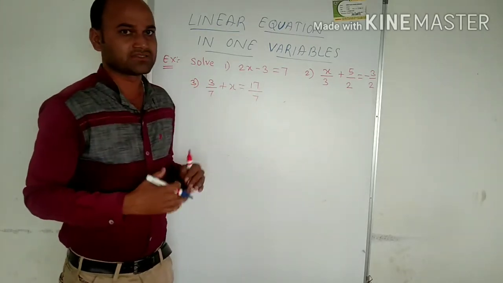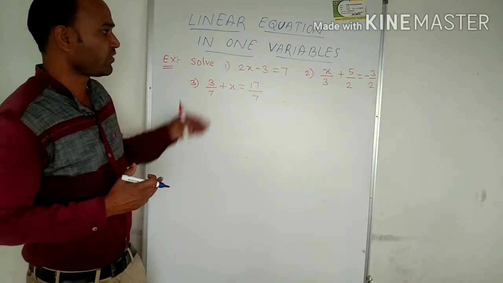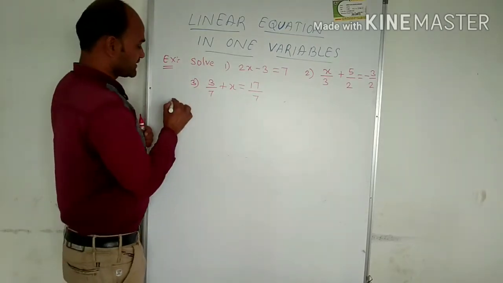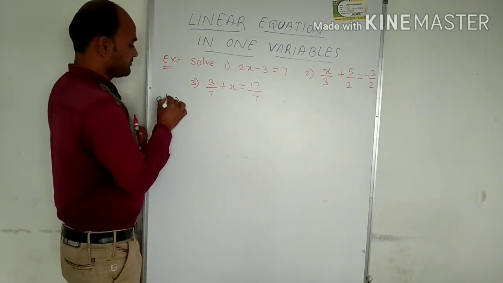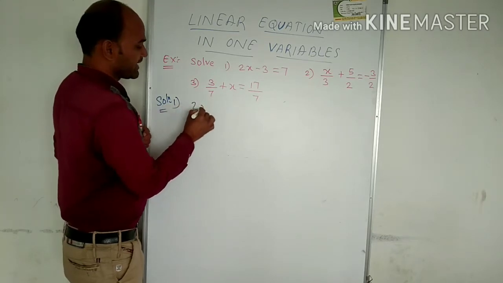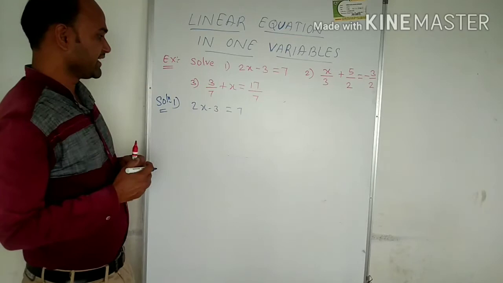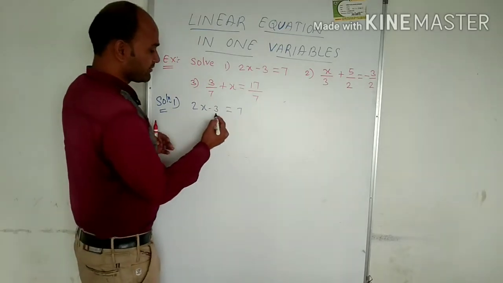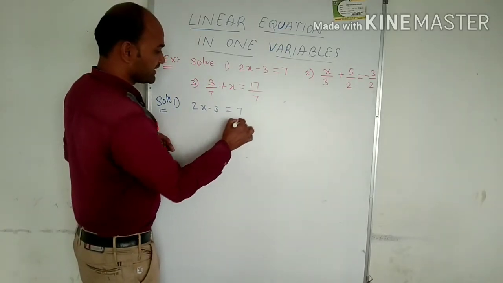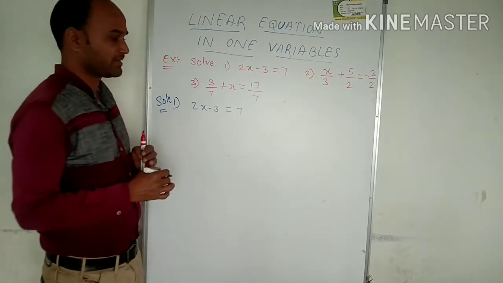Let me see how to solve. In the first example, we have to transfer this minus 3 to the right side with the numbers.